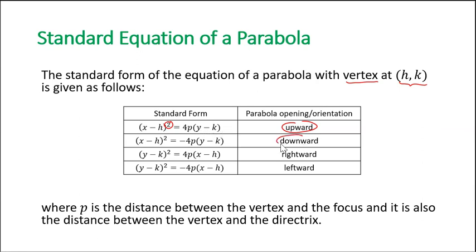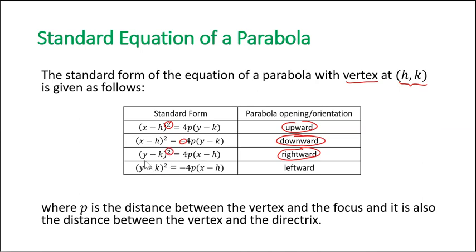For a parabola opening downward, it is similar to the standard equation of the parabola opening upward, but p must be negative.